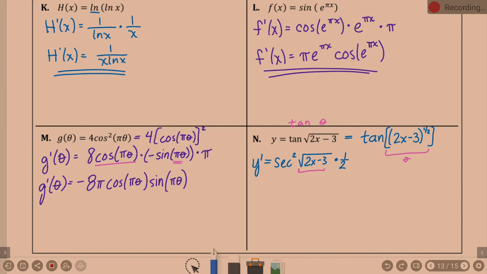So 1/2 out front, 2x minus 3, and then my exponent becomes negative 1/2, because it's a power rule. Move the 1/2 out front, keep the inside, subtract 1 from the exponent. And then, do we have another inside? We haven't done the derivative of 2x minus 3. Derivative of 2x minus 3 is 2.